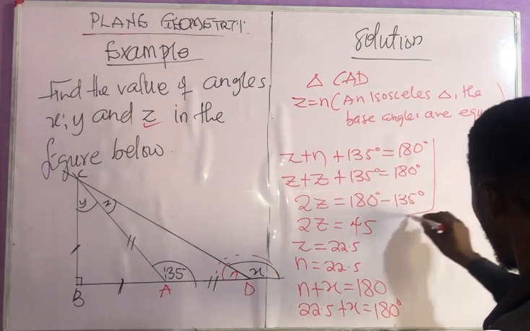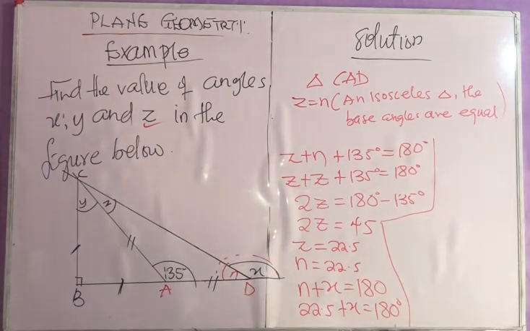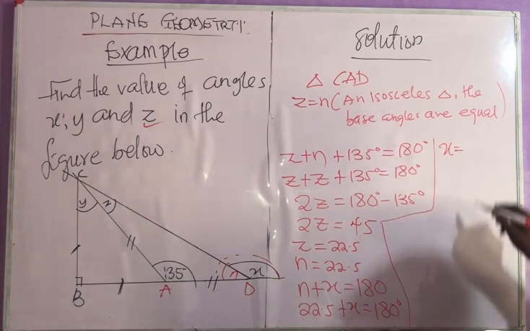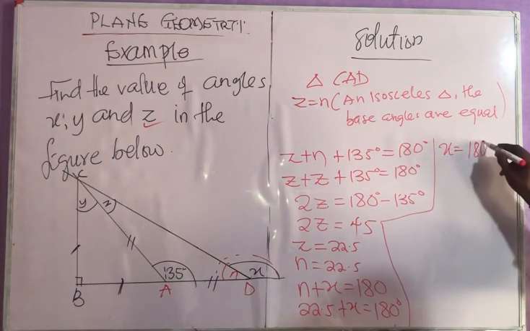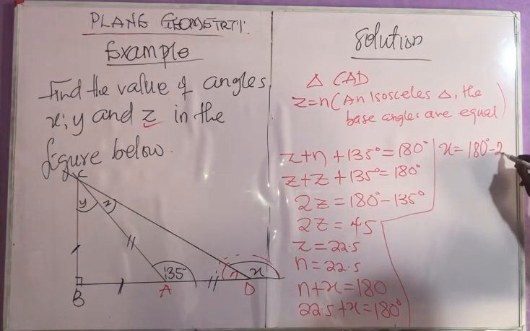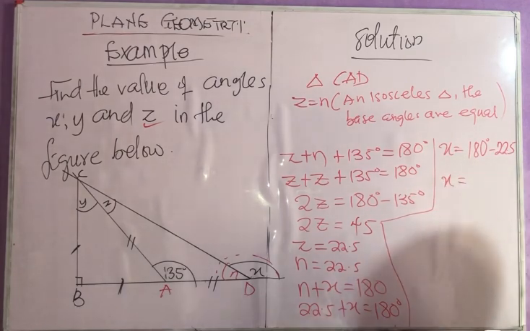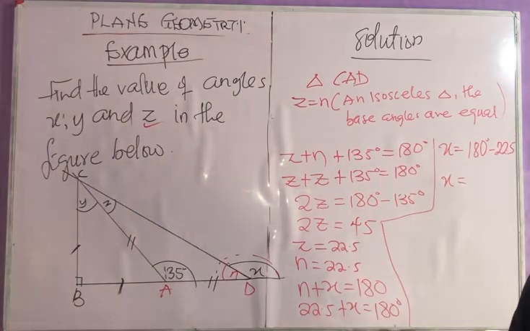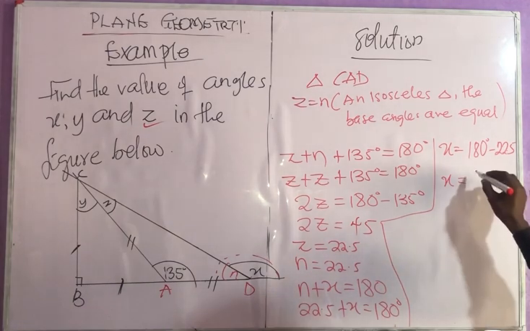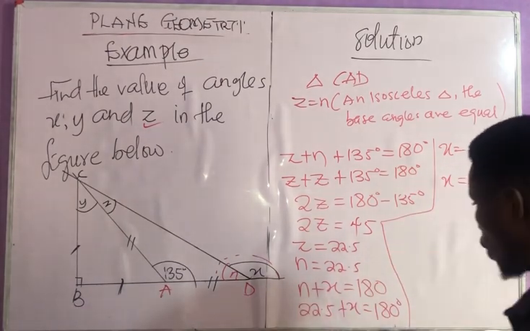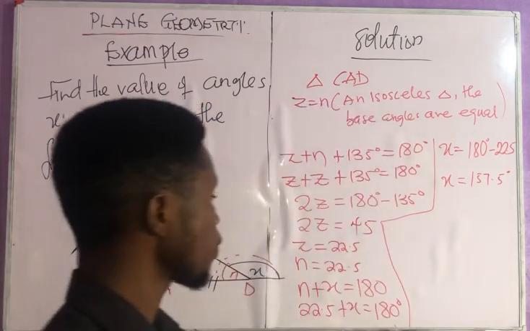Looking at this, my x is going to be 180 degrees minus 22.5. So we have our x to be 157.5 degrees. So there's our x.